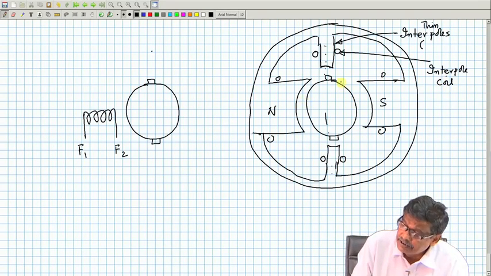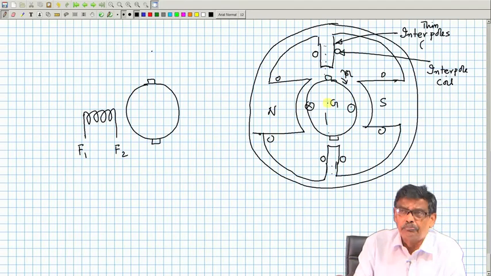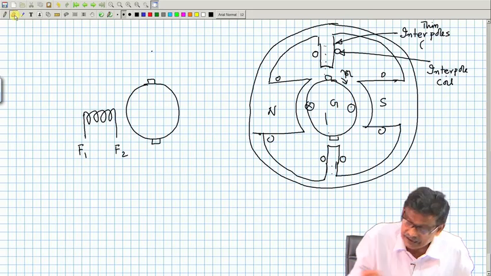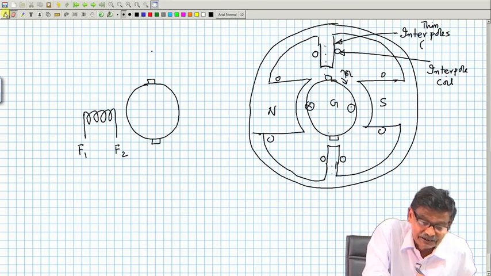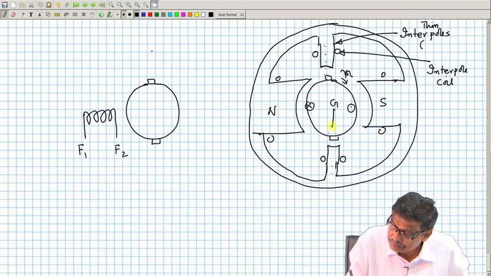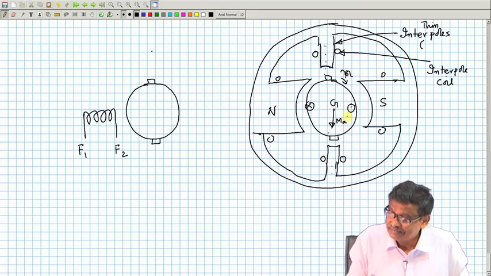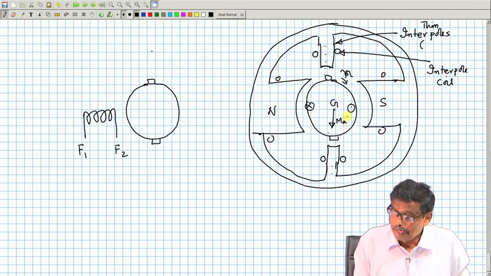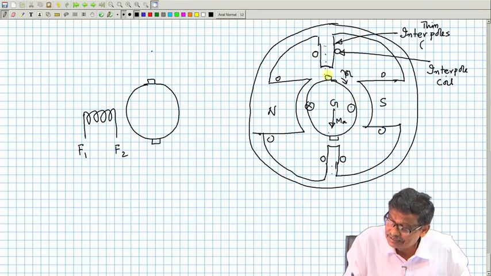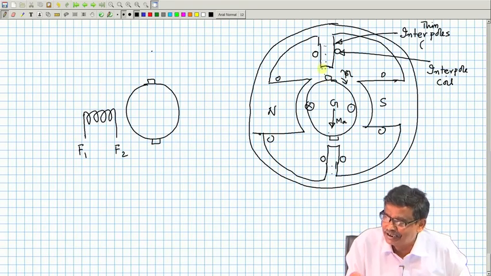So, armature, if it is generator mode, rotating in this direction, we know these currents will be cross, this side current will be dot, only drawing two representative conductors, and when the armature carries current, the armature MMF will be like this. So, what should be the polarity of the current, so that this flux I will not tolerate?